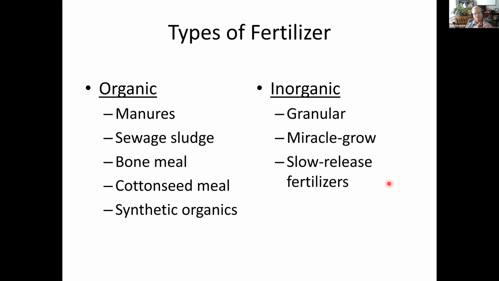Inorganics include granulars, things like Miracle-Gro, and encapsulated slow-release fertilizers. Encapsulated means that it's covered in something. You've probably seen the bags of fertilizer with yellow and blue and orange dots of these little pearls that we distribute throughout the lawn using a spreader. What gives it that color is whatever the coating is.